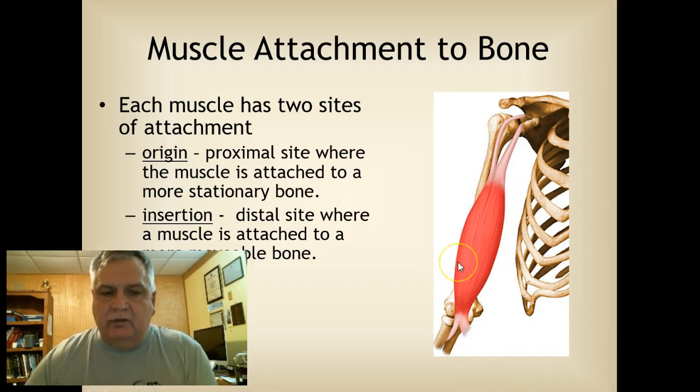Now you have to be careful though with these definitions. There are actually two important concepts to note in these definitions. First of all, we notice in the definition of origin we have two important concepts. One is proximal site and the other is stationary bone. Both of these come into play.